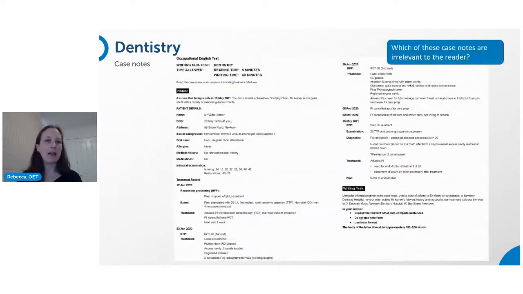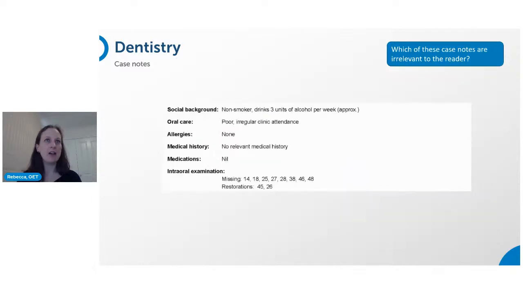Finally, let's look at the other section of case notes that we haven't looked at so far. And this time I want you to answer a question for me. Which of the notes that you can see on the screen right now, and we're popping the poll into the chat as well, which of these notes are relevant to the reader? Out of the headings, we've got social background, oral care, allergies, medical history, medications, and intraoral examination.